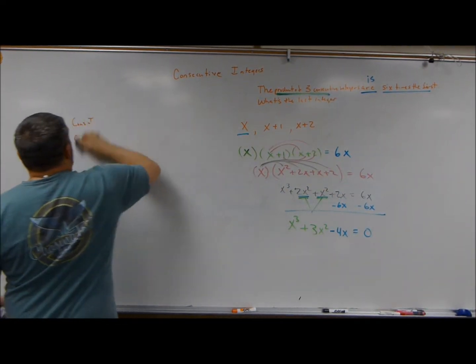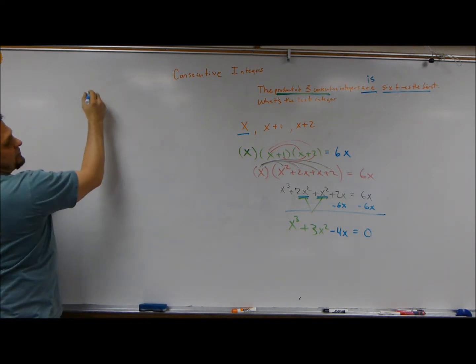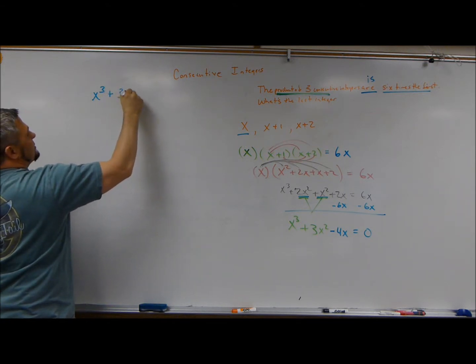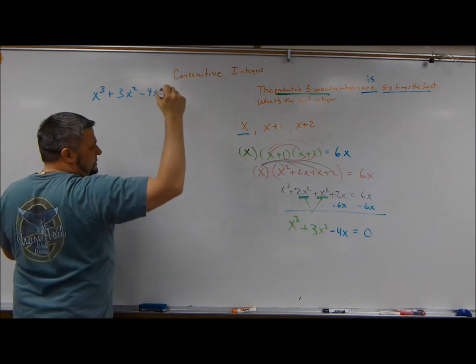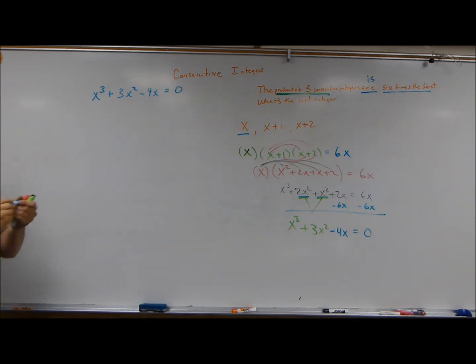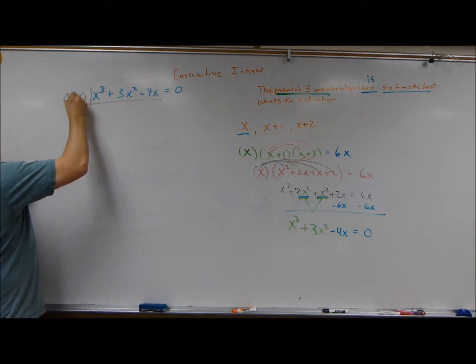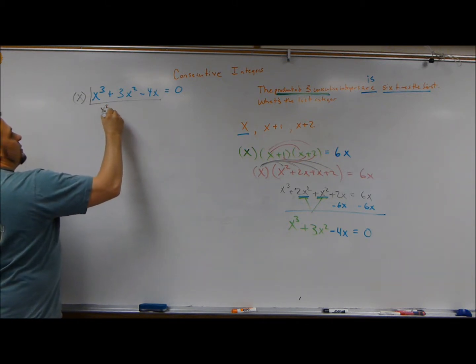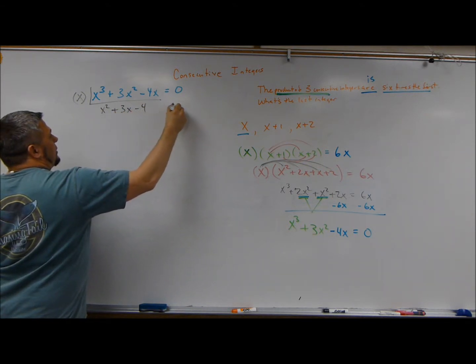I've got x cubed plus 3x squared minus 4x equals 0. Now I can just factor out the x, and I'm left with x squared plus 3x minus 4 equal to 0.